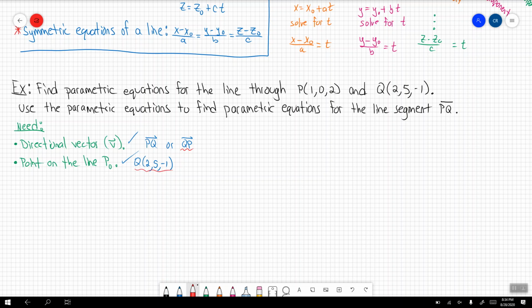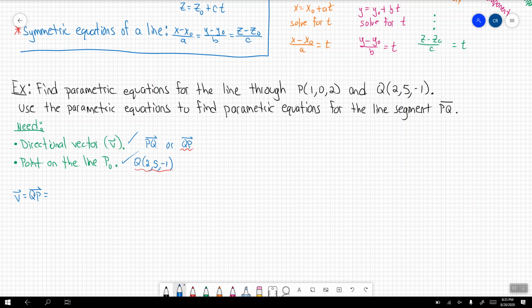So we're going to be working with vector QP, and we're also going to be working with the point Q. Let's go ahead and finish finding that directional vector. I'm going to call that directional vector V, and that's going to be the vector from Q to P. How do we find vectors between points? Well, we do ending minus beginning.